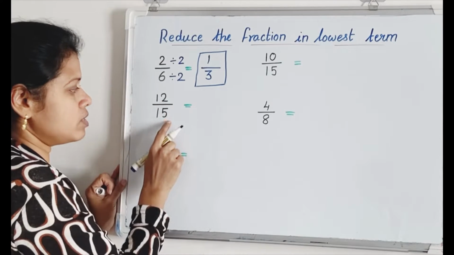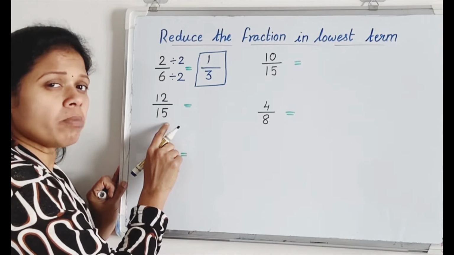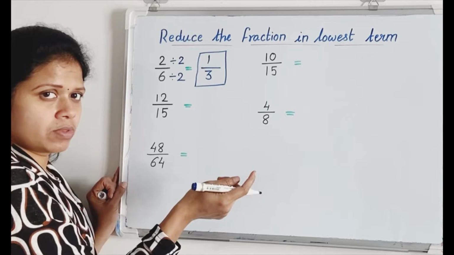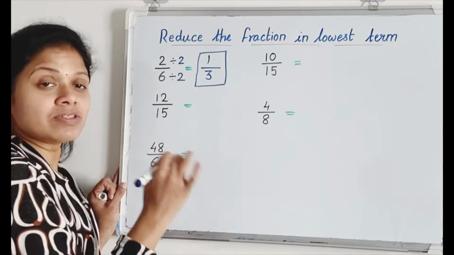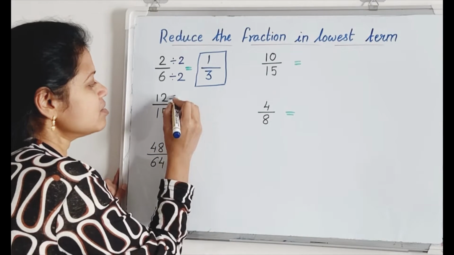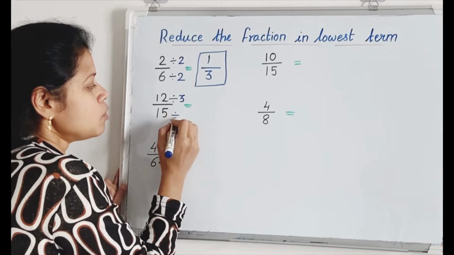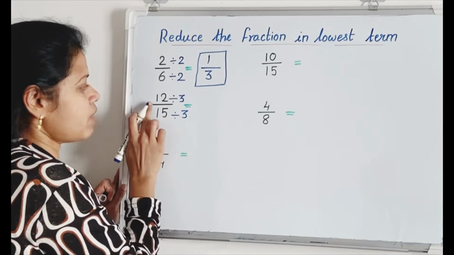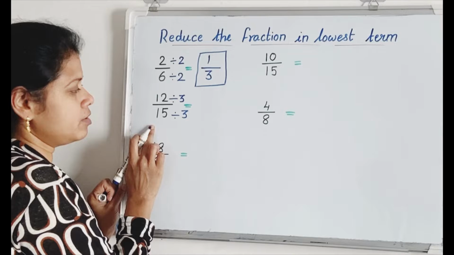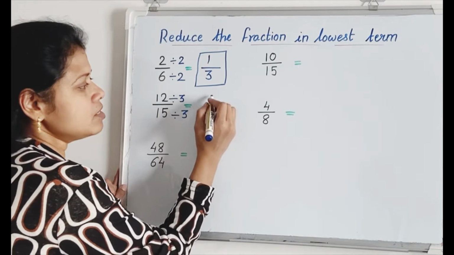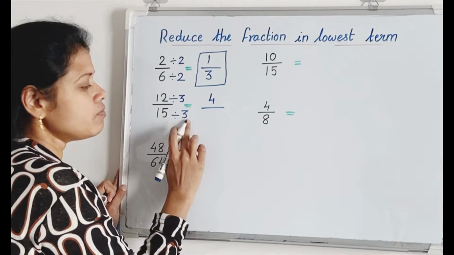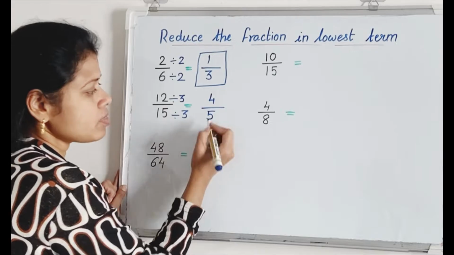Now take 12 and 15. Which is a common factor of 12 and 15? Both the numbers come in the 3 table, so the common factor is 3. You can use this common factor to divide the numerator and denominator. 12 divided by 3 is 4, and 15 divided by 3 is 5.